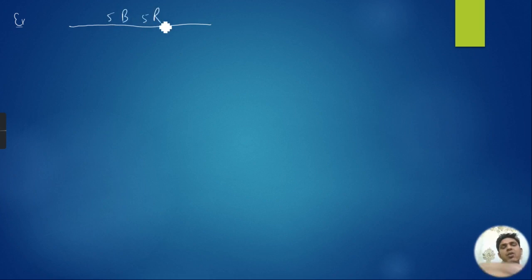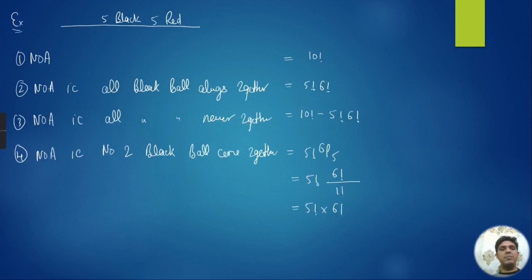Okay, let me take you to another question, which is something like the previous one that we have already discussed. There is a table, and on the table 5 black balls and 5 red balls are there, right? In the previous question we have already done this.